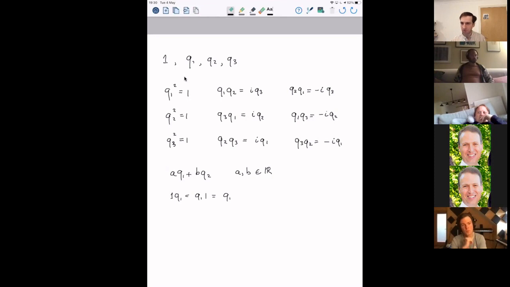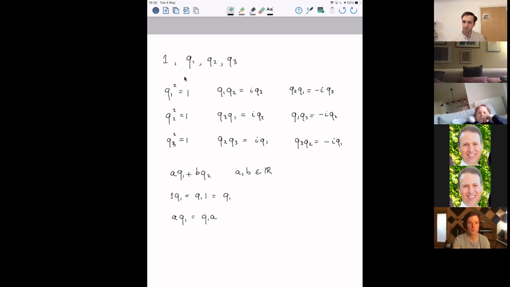And this is just to remind you that there are certain numbers which do commute with one another, like this trivial number 1, and also real numbers multiplied by Q numbers. So the real number A multiplied by Q1, that also commutes with Q1 because it's a real number.